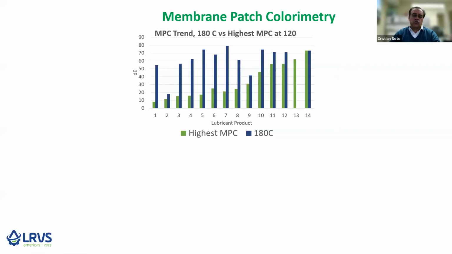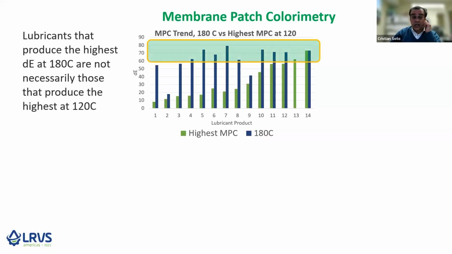When we compare those values, we see once again that at 180 degrees, we're finding compounds generating higher MPC values than those at 120, clearly, and the order of these is different. So lubricants, for example, 7, 8, 6 show very high MPC, while at 120, they're among the lowest.